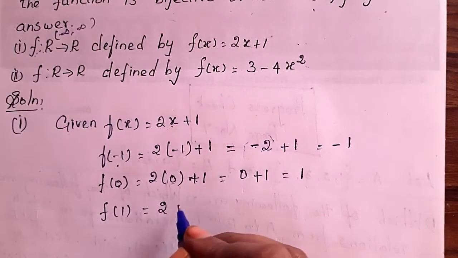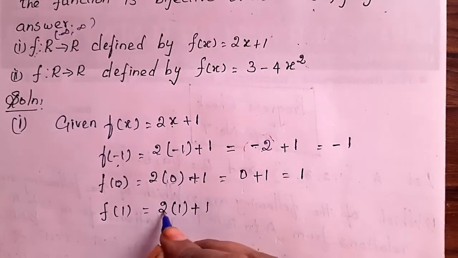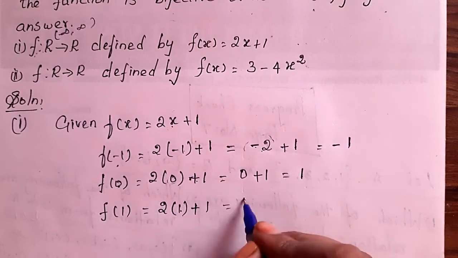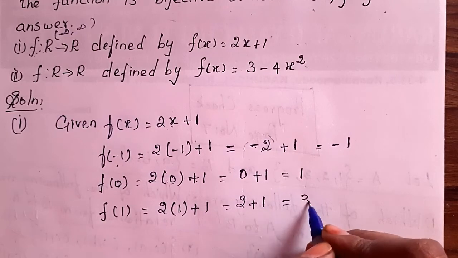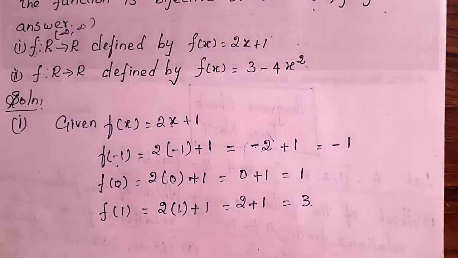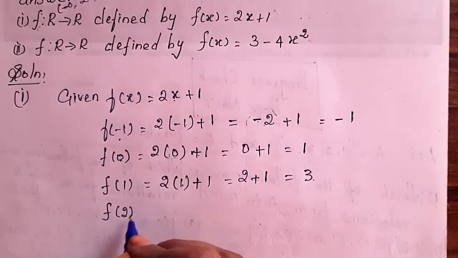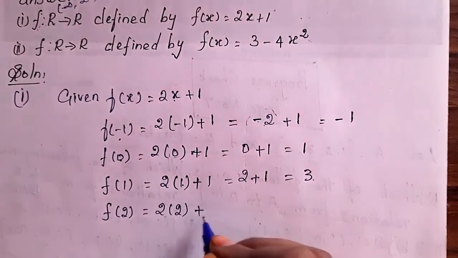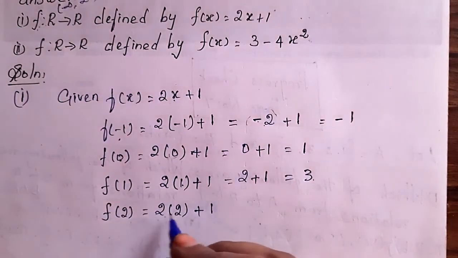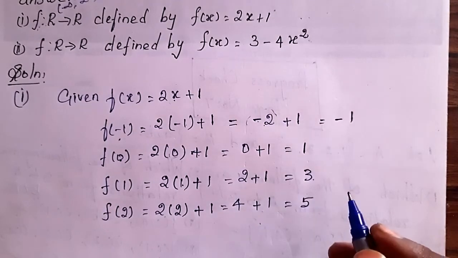So 2 into, in this place of x I am putting 1, plus 1. So 2 into 1, 2 plus 1. That is equal to 3. Okay. Next one I can take f of 2. That is equal to 2 into 2 plus 1. 2 twos are 4 plus 1. That is equal to 5.